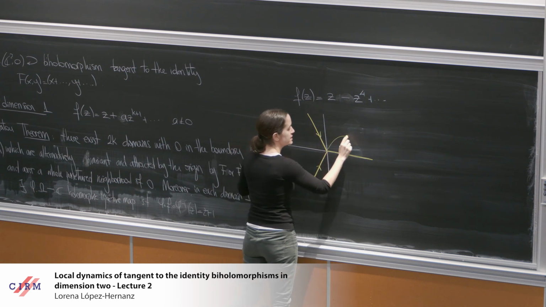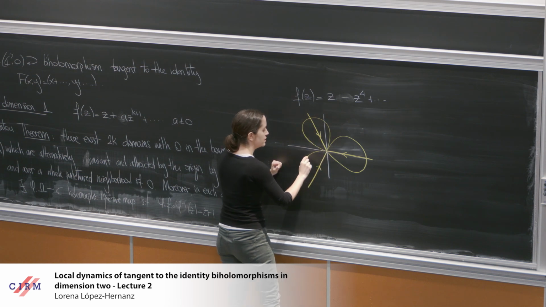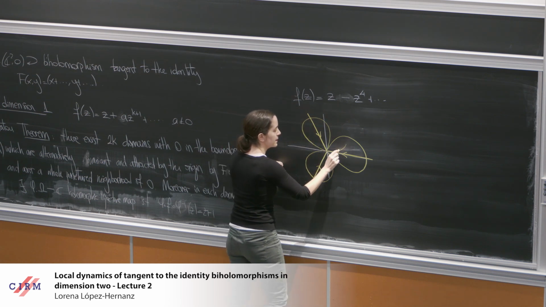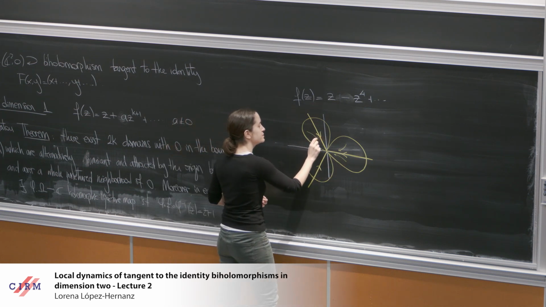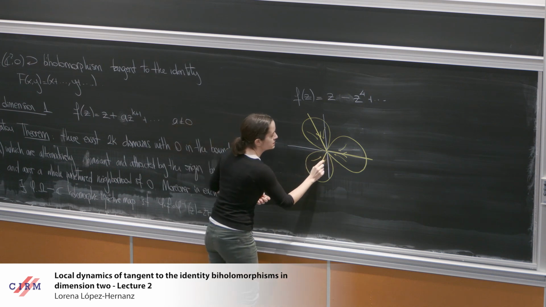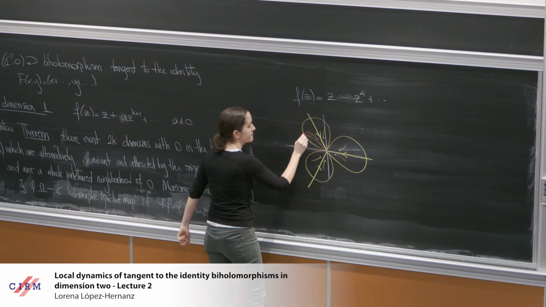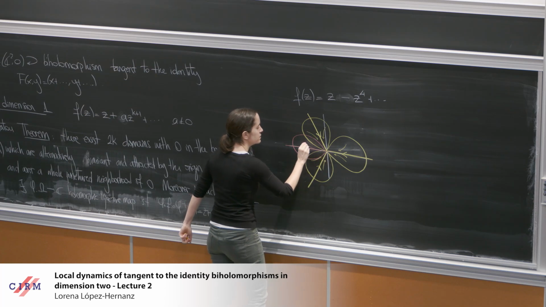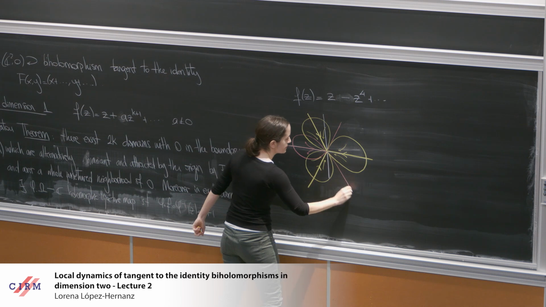Okay, and here we have some petals which are invariant for f, and the orbits converge to the origin tangentially to these directions. Okay, and we can do the same thing for the inverse, and we have the repelling petals. This direction is attracting for the inverse, so for F we have these repelling petals.